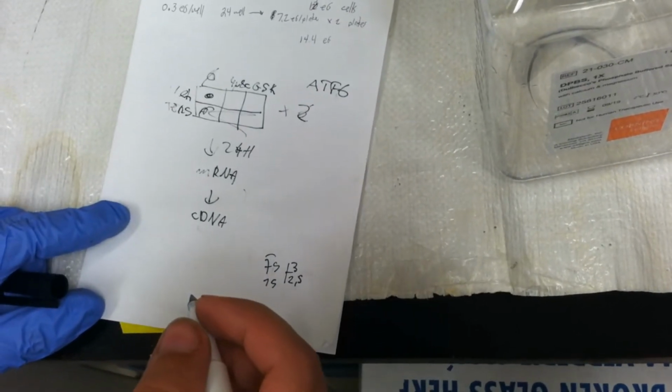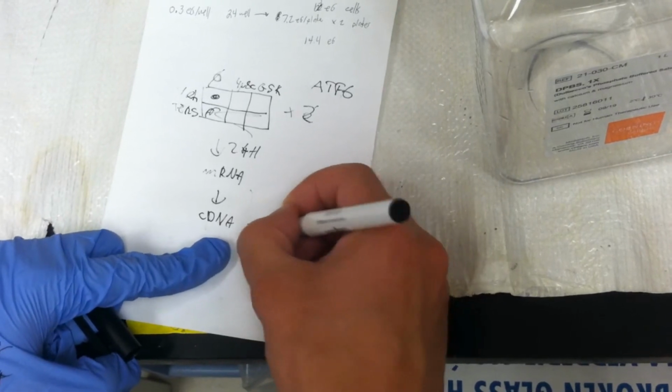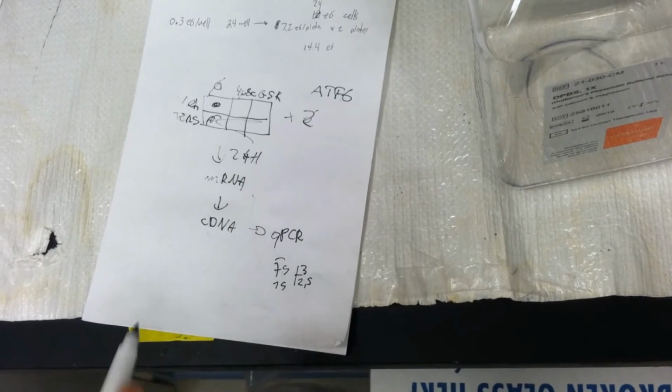Then I will put the whole cDNA plus the solution in a machine called a qPCR machine, and I will be able to have the relative level of all the mRNA I'm looking for in each sample. And then I will be able to compare if one sample has a higher expression of a certain gene than another.